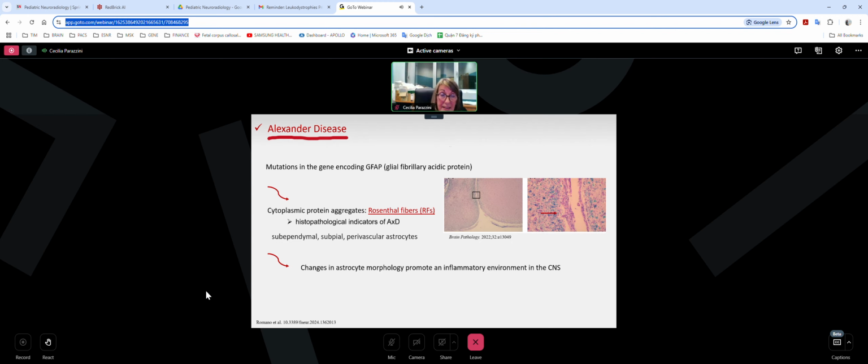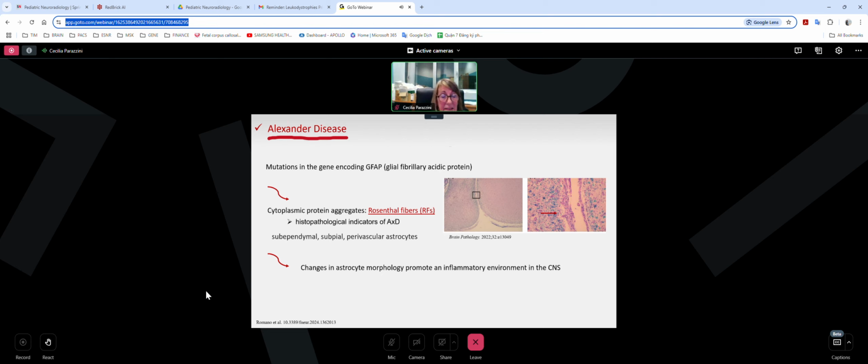Let's start with Alexander disease, that is a well-known disease, even if quite rare, due to mutation in the GFAP protein. This mutated protein forms cytoplasmic aggregates called Rosenthal fibers that are the histopathological indicator of Alexander disease.